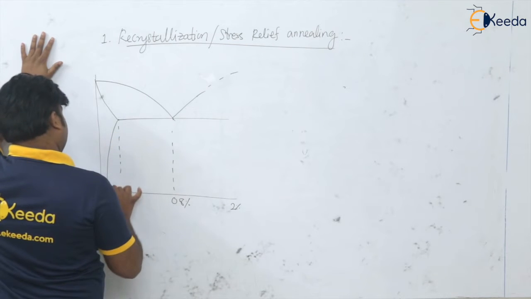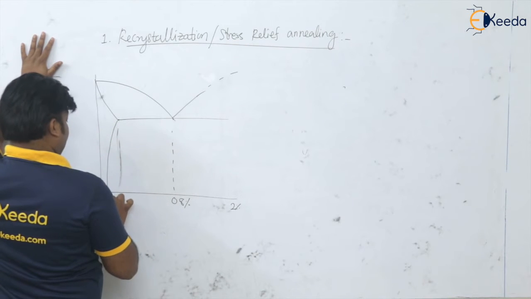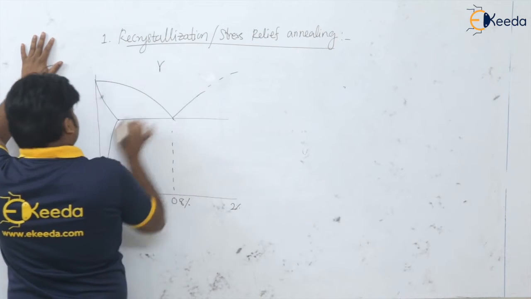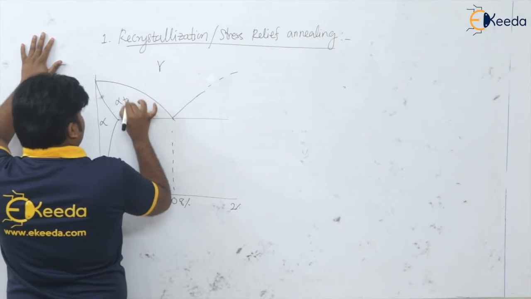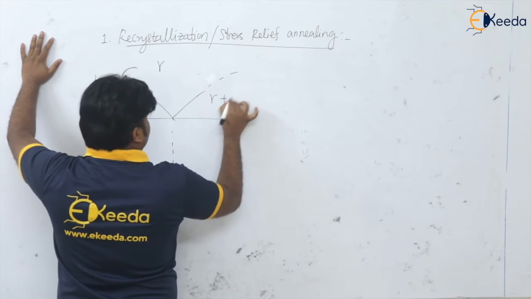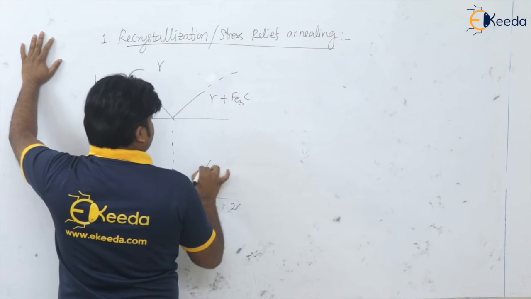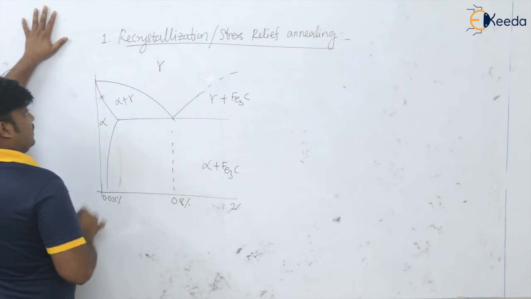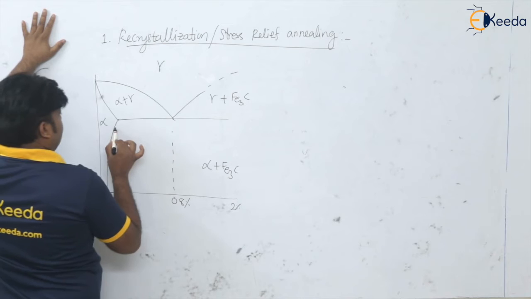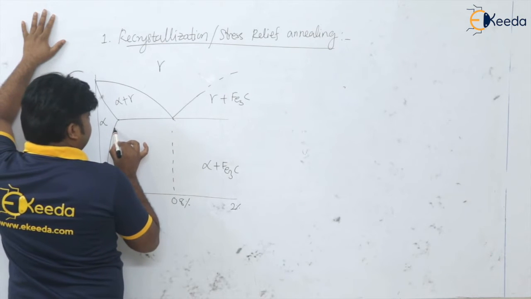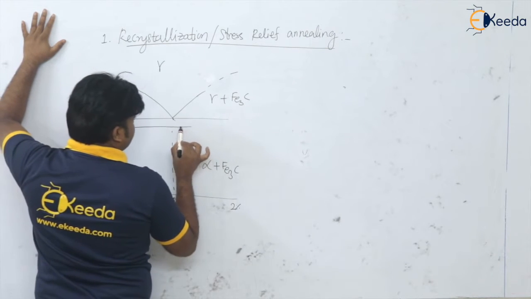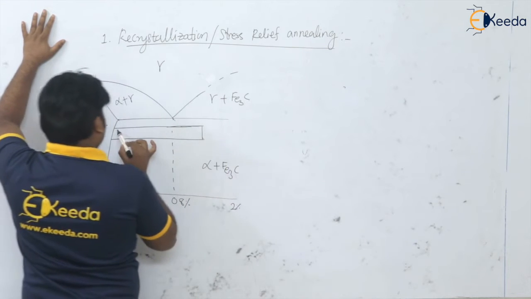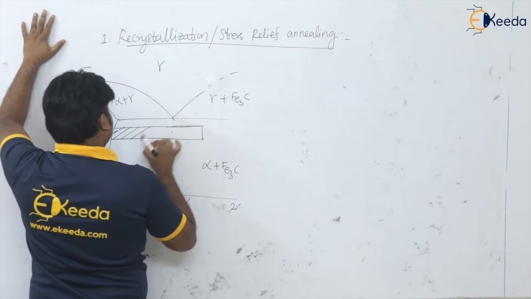This is 0.025%, isn't it? This is gamma austenite, this is alpha iron, alpha plus gamma, this is gamma plus cementite, and this is alpha plus cementite, pearlite. So this is applicable up to actually all the steels. The only thing is that here we are heating 50 to 80 degrees centigrade below the lower critical temperature.